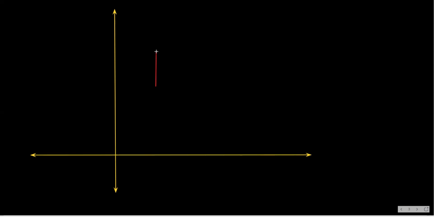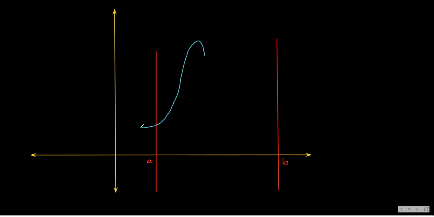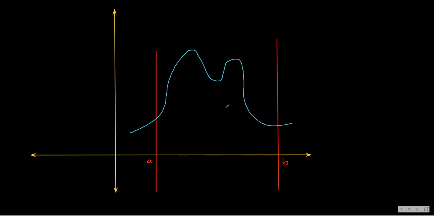See, this is interval A, this is interval B. So here I have A to B. Suppose I have a function in this interval which goes like this. The function goes like this.